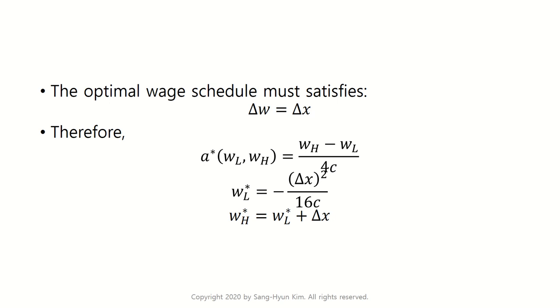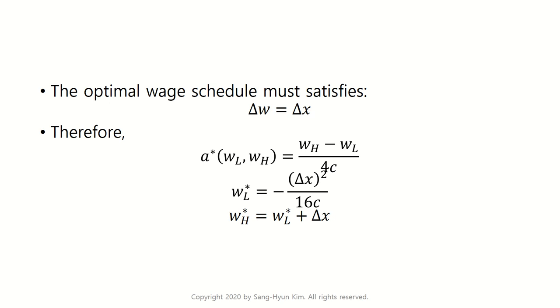So what happens if C increases? If C increases, the optimal effort will decrease, of course, and also WL, the optimal baseline wage, will increase, right? If C increases, then the denominator of this expression, the 16C, increases, and then the absolute value of WL will decrease, but this WL is a negative number, so WL itself will increase.